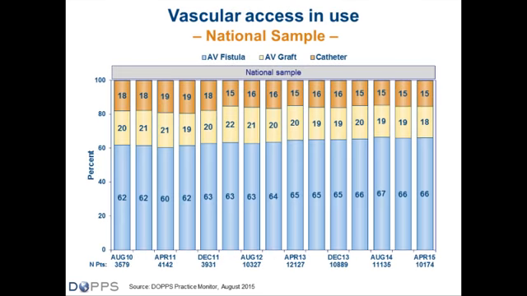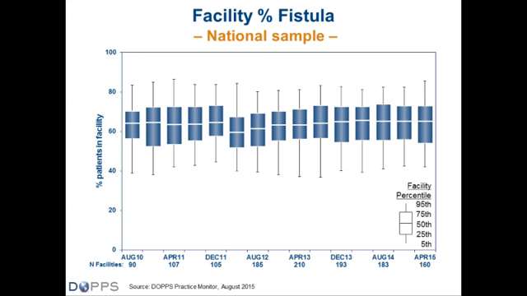Finally, looking at the vascular access measures, here again about 2/3 of patients are dialyzing with a fistula at the end of the month, that's the blue segment, and about 15% of patients are dialyzing with a catheter, the orange segment at the top of the graph. Looking at the variation by facility, proportion of patients using a fistula, there's more substantial variation here than what we saw for hypercalcemia and dialysis adequacy.